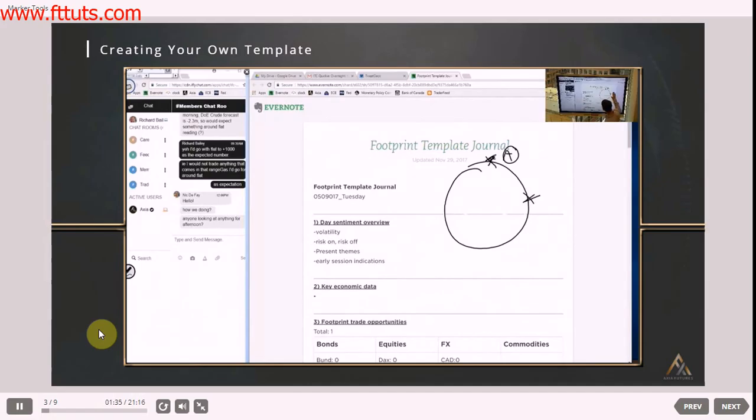Now, how this relates to trading and why it's so important to trading is because trading is one of the few disciplines that forces us to have closed feedback loops. Why? Because from the moment that we click at point A to the moment that we get back around, there's probably another decision that needs to be taken.